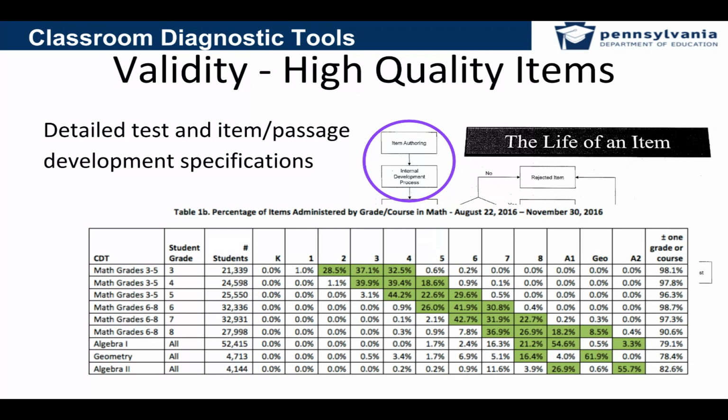Other assurances for validity include high quality items. Does the assessment measure what it's supposed to measure?